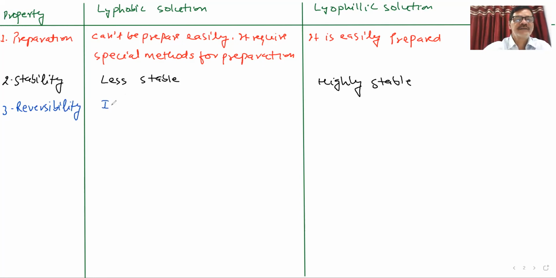It is irreversible, and this is reversible. Here the colloid can convert into its constituent parts, that is solute and solvent. Fourth point is viscosity.